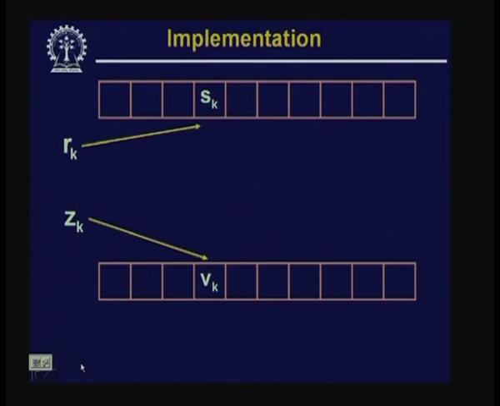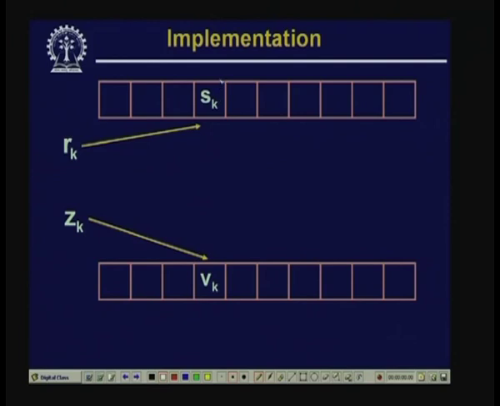I have an array R as shown at the top, where the intensity value of the input image Rk is taken as an index to this array, and the content of this array element is the corresponding value Sk. Similarly, the second transformation function Gz can also be implemented with the help of an array, where Zk is an index to this array, and the corresponding element in the array gives us the value of Vk.